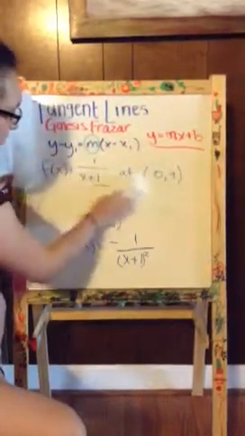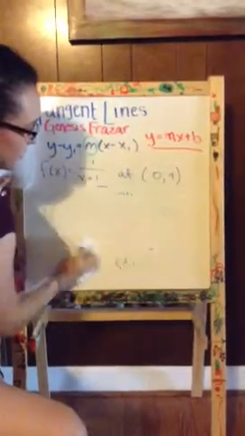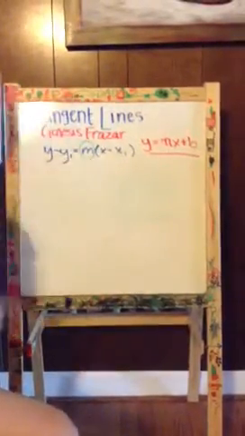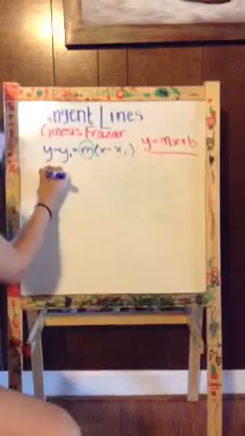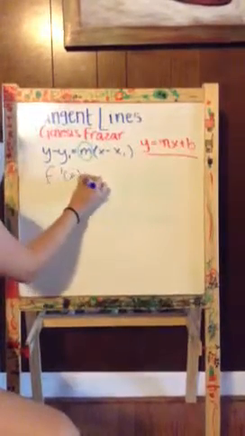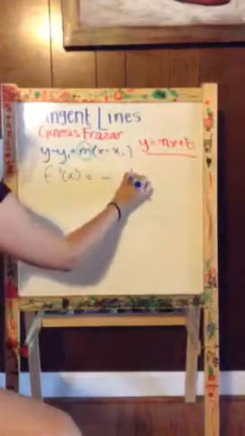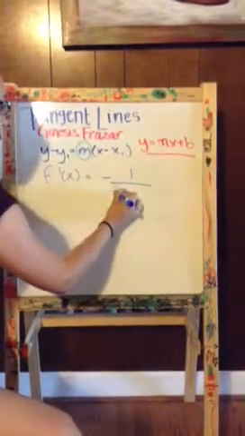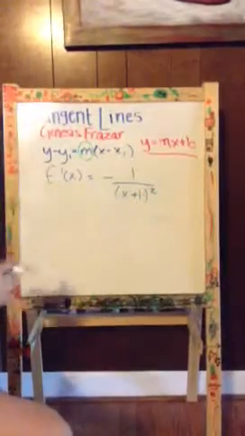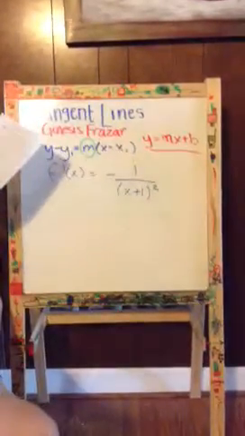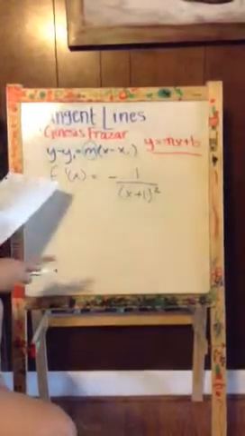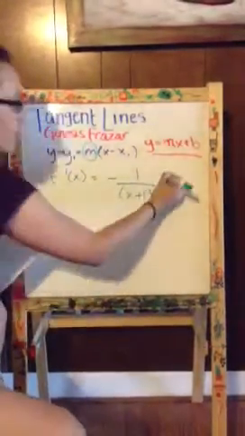So, now that we have the first derivative, we will continue the problem. f prime of x equals negative 1 over x plus 1 squared. Now from here, we can plug in the point.